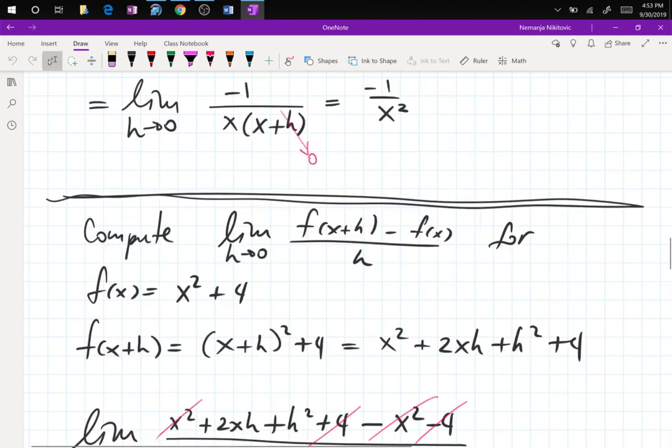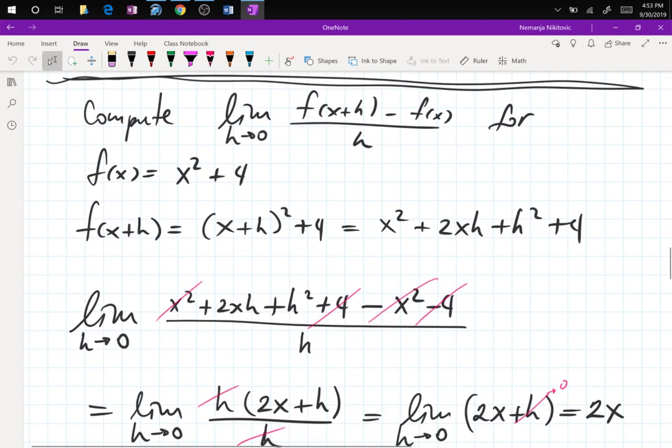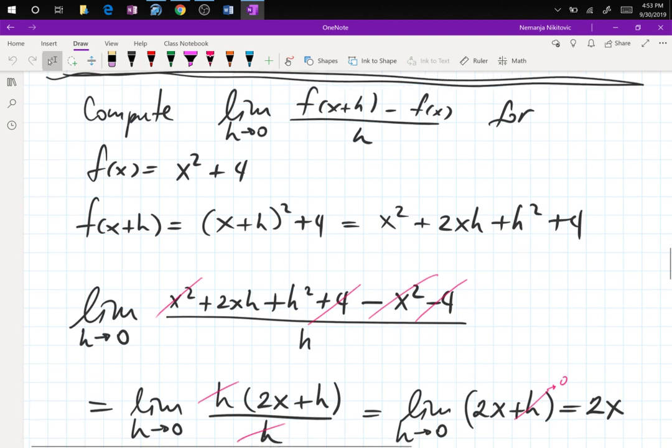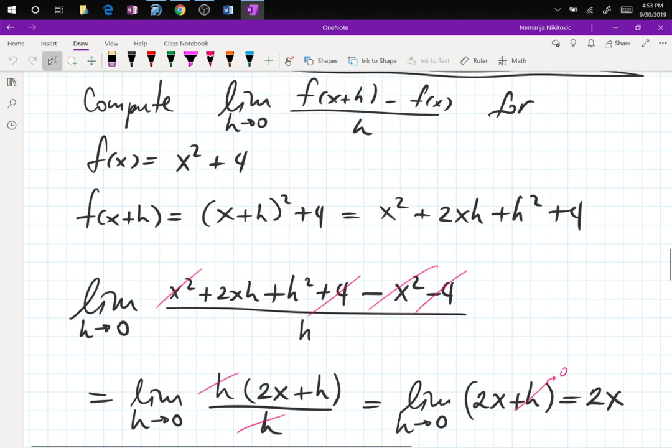So there it is. Compute the difference quotient for the function. You create the f of x plus h piece, you plug everything in, run the calculation, and get 2x as the answer.